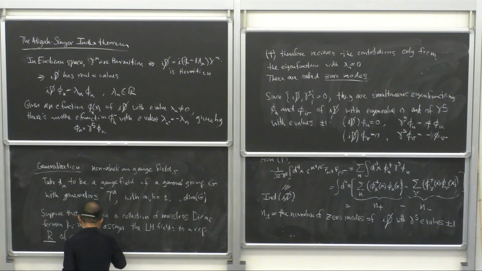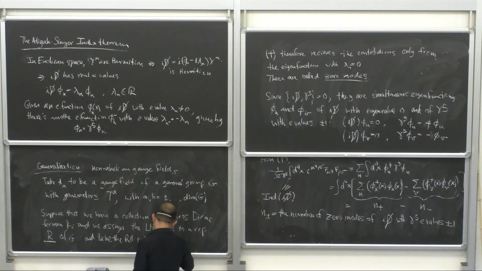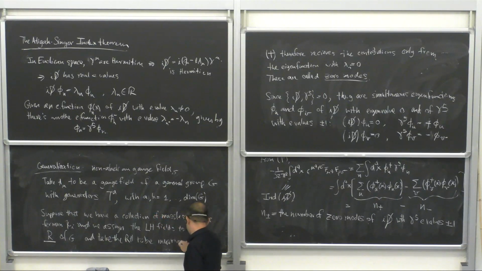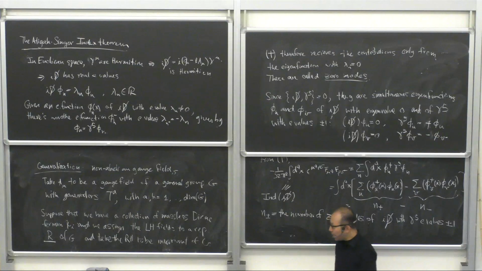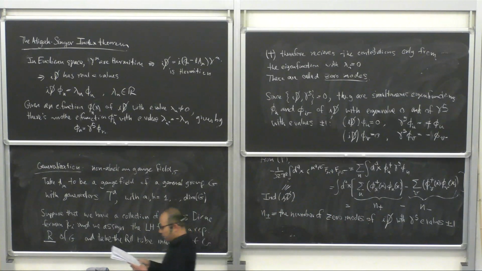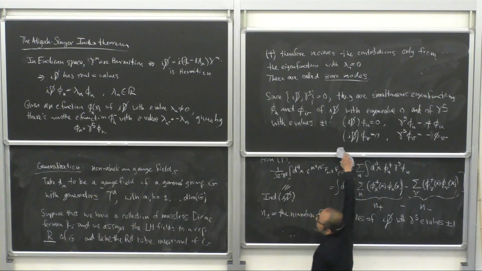and take the right-handed to be invariant under G. This way, G can be non-abelian, and you can find that there is still an ABJ anomaly, okay?